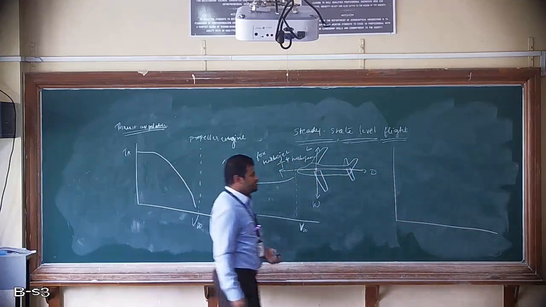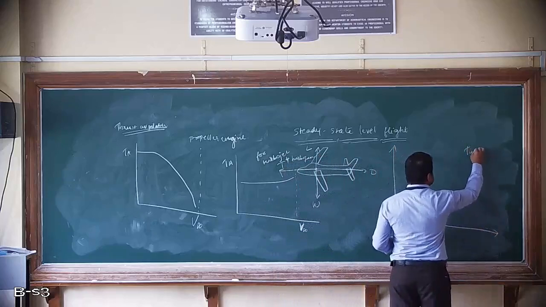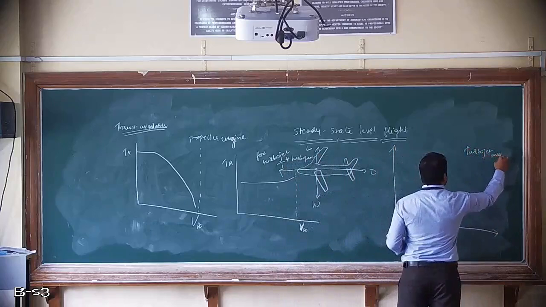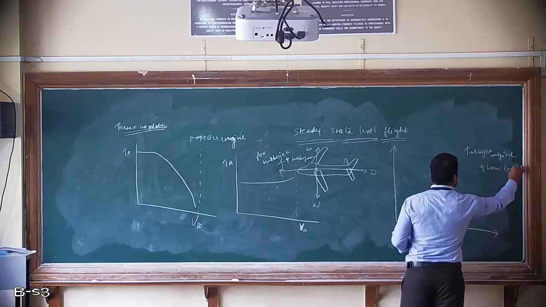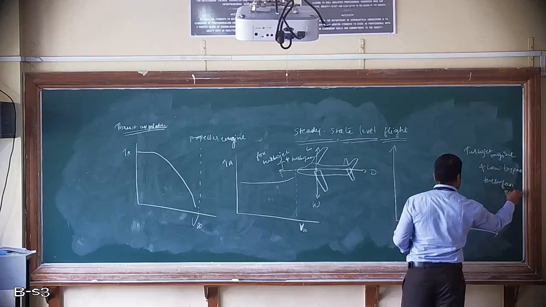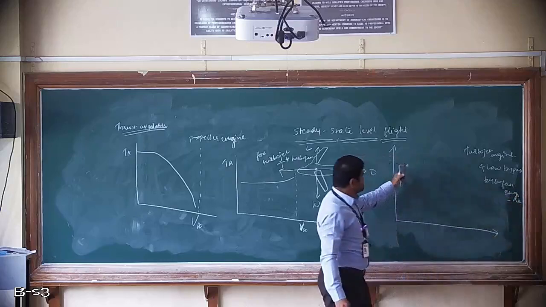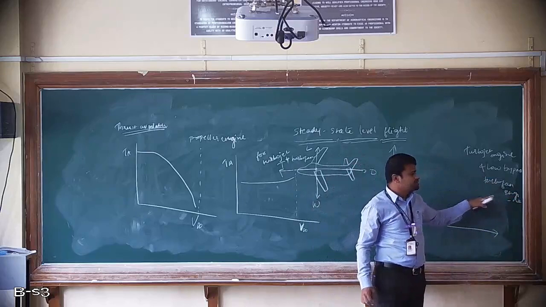This graph is for a turbojet engine and a low bypass turbofan engine.